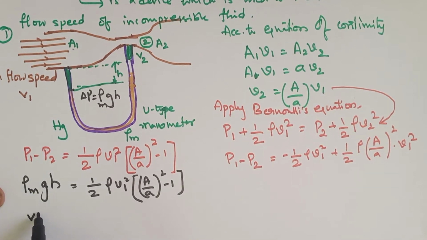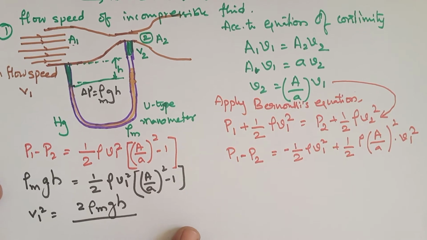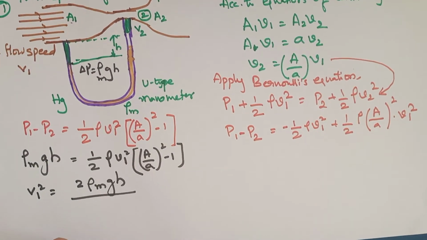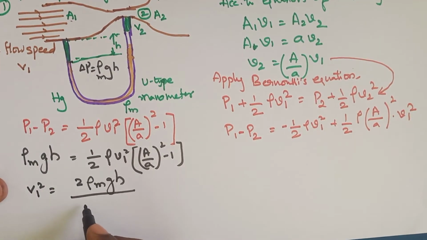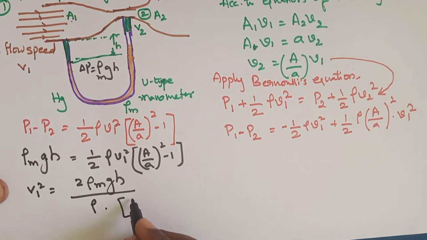V1 square is equal to 2 rho m g h by rho into A by a whole square minus 1.